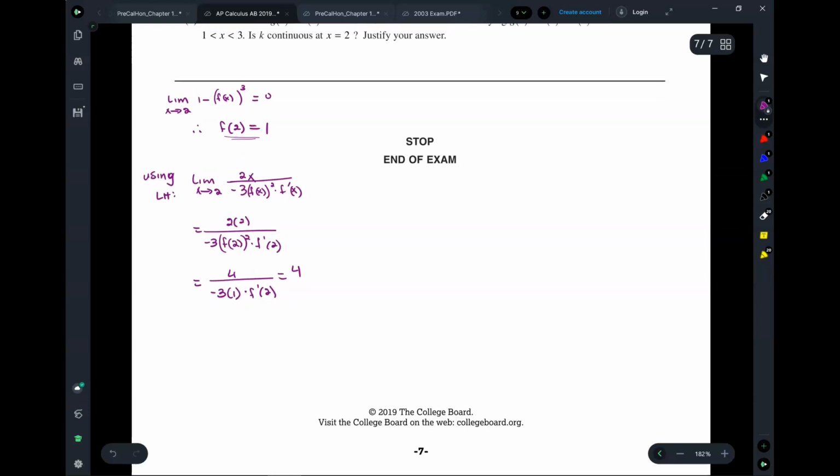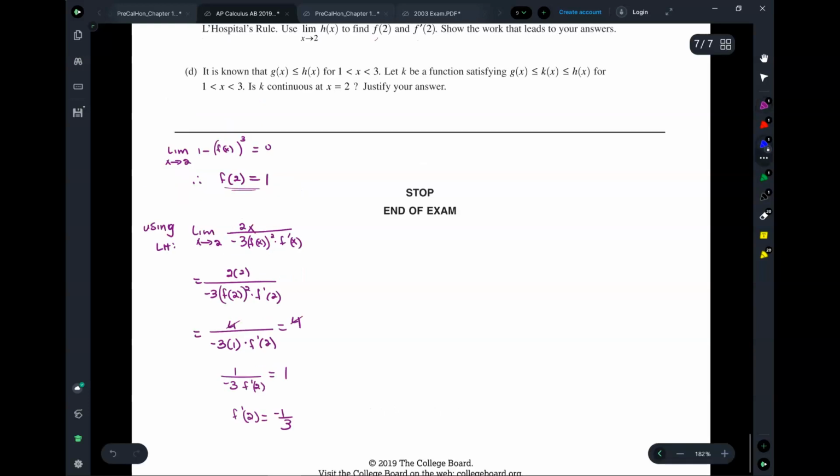And now we can go ahead and find it. You can basically divide these out. So 1 over negative 3 f prime of 2 is equal to 1. So f prime of 2 is negative a third.